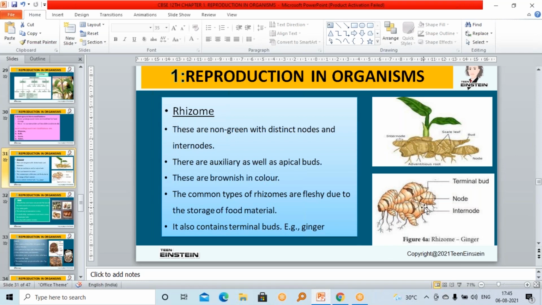That is the main thing. The first point when you think about ginger is that it's not green in color. Next, it has nodes. What are nodes? The area where buds are present. You can see small green outgrowths on ginger, arising from the nodes.